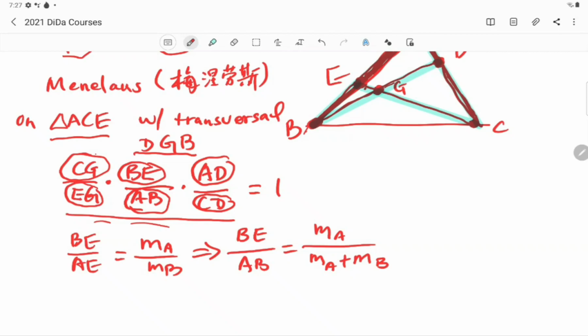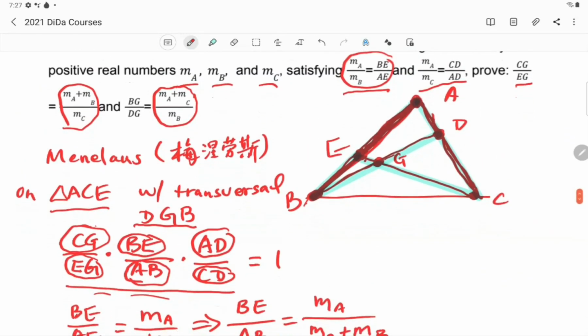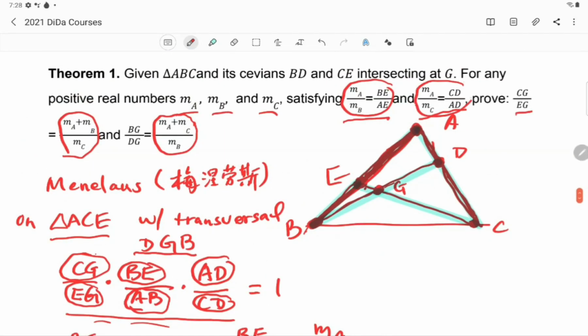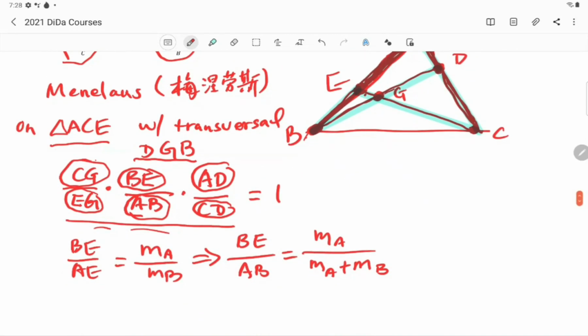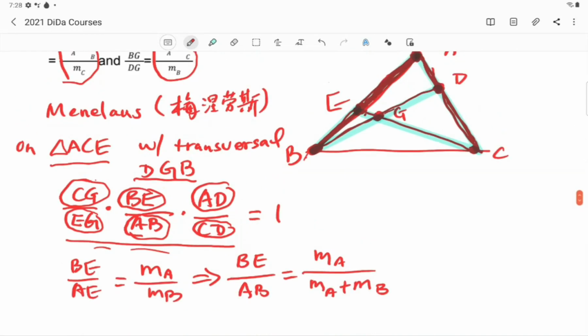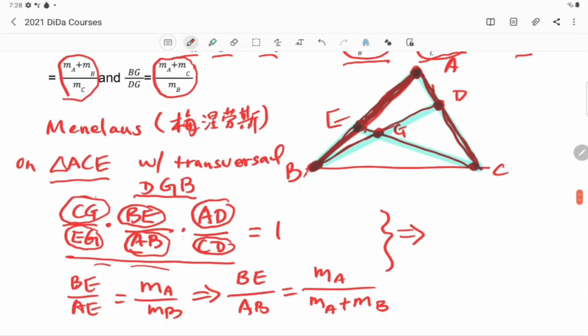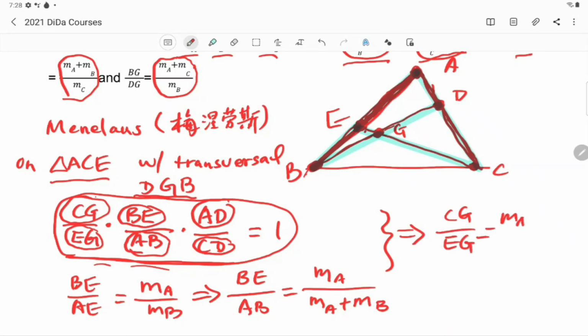And then I already know CD over AD, because it's this one. You plug these two ratios into this equation, and you get CG over EG is equal to MA plus MB over MC. I won't show the steps, but that's mechanical.